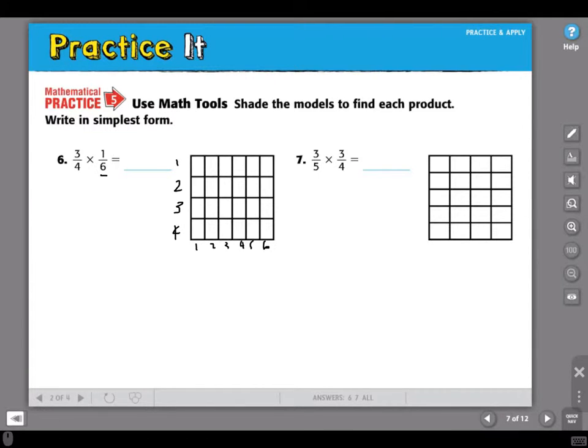So my first step is to shade in 3/4. Here is 1/4, 2/4, 3/4. My next step is to shade in 1/6.